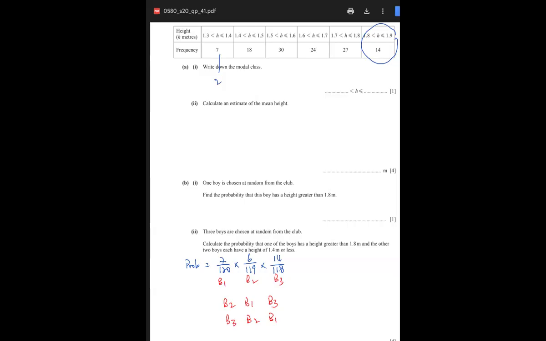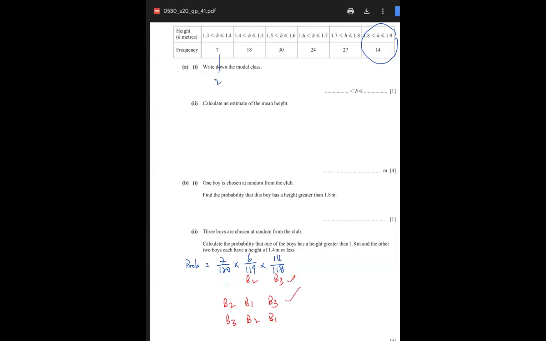Okay, so I think there's more than one way. Yeah, I think there are only 3 ways, because B1 and B2 are indistinguishable. So these two cases are actually identical.